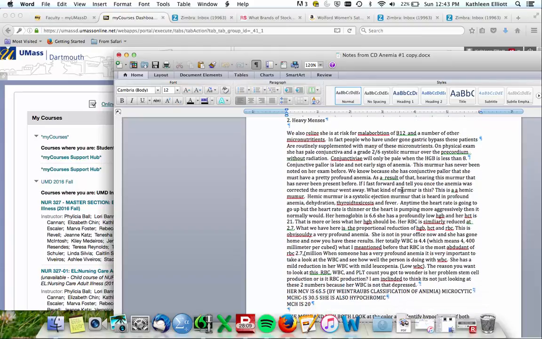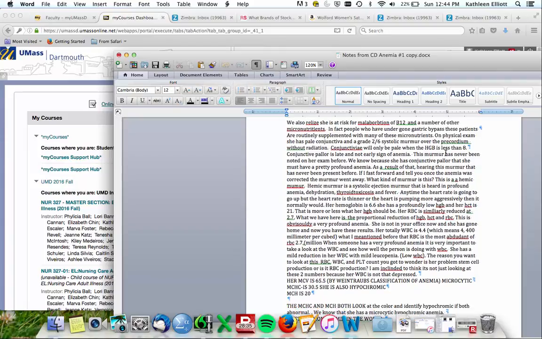Her total WBC is 4.4, which means 4,400 per cubic millimeter. What I mentioned before, that the RBC is the most abundant, is 2.7 million RBCs. When someone has a very profound anemia, it is important to take a look at the WBCs and see how well the person is doing with WBCs.